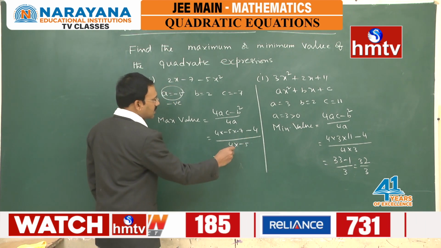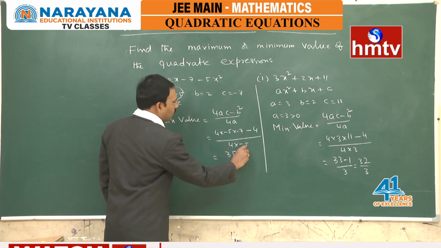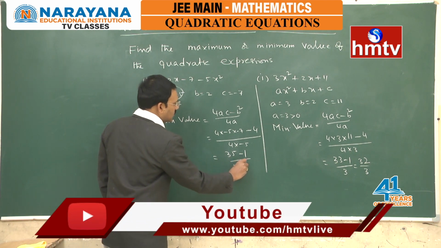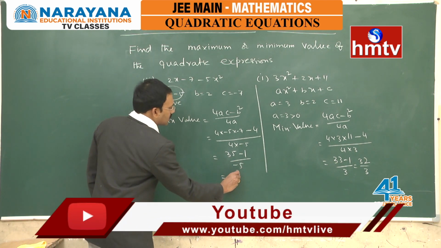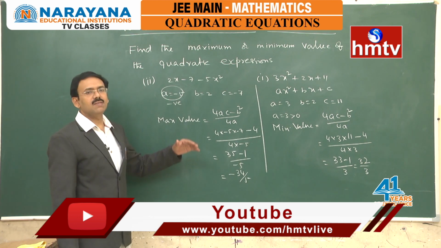If you cancel 4, 35 minus 1 by minus 5, which is minus 34 by 5, is going to be its maximum value.